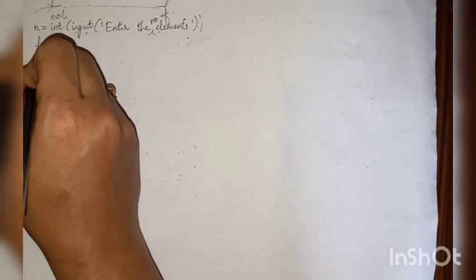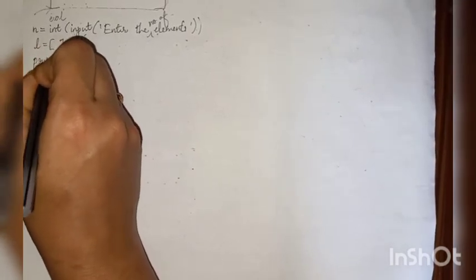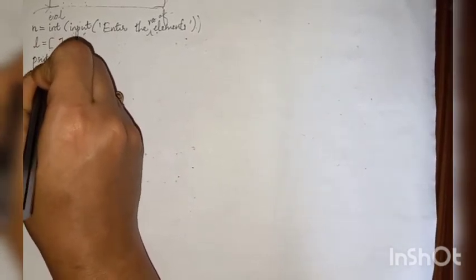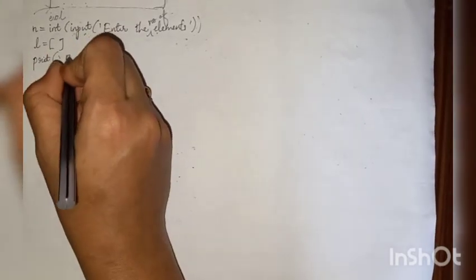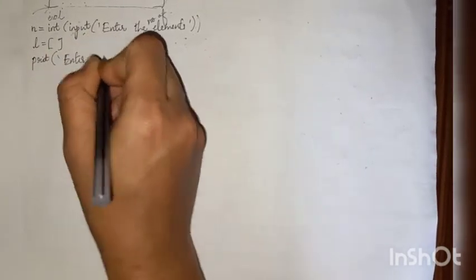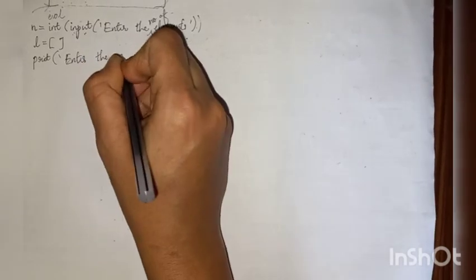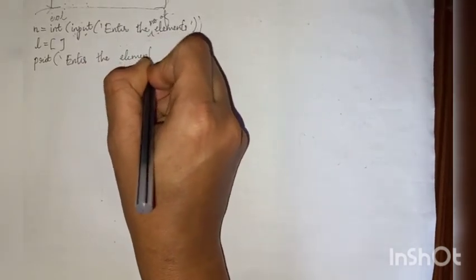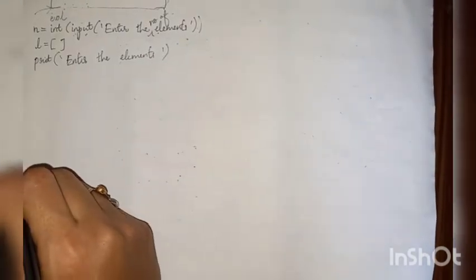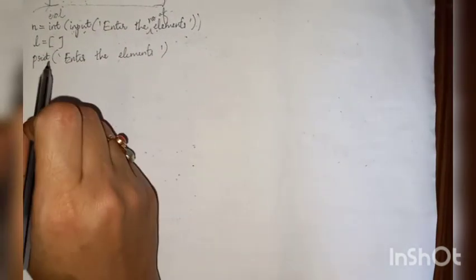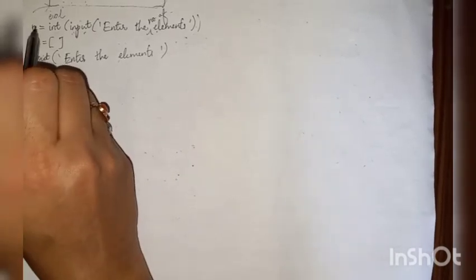So we can write just print, single quotes, enter the elements. Print enter the elements. Then we have to enter how many, the limit.